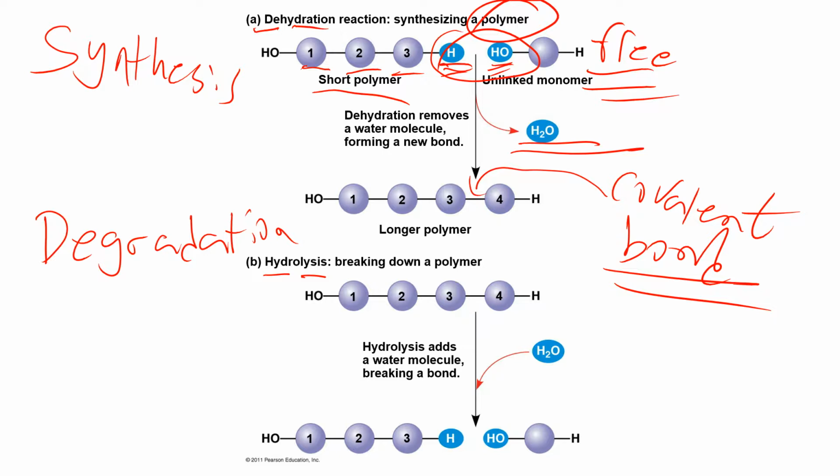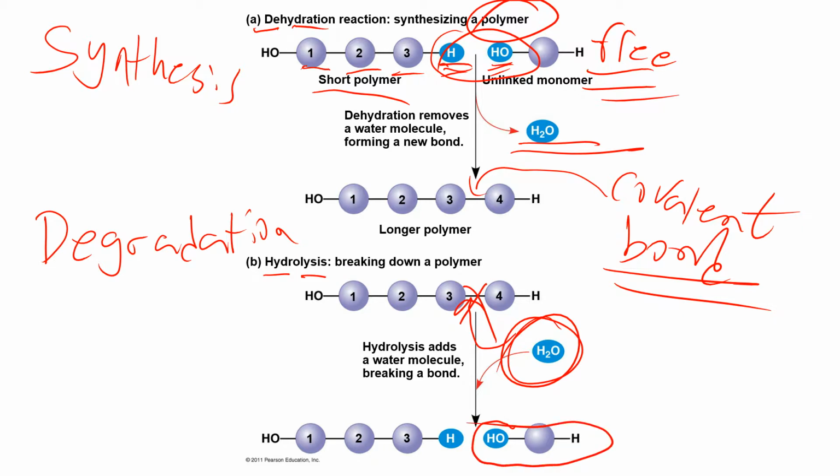Think about that word: hydro, water, lysis. It involves the use of a molecule of water to come in and break the covalent bond. So here you're breaking that covalent bond by adding a water molecule, and when you do this, you release one of the monomers.